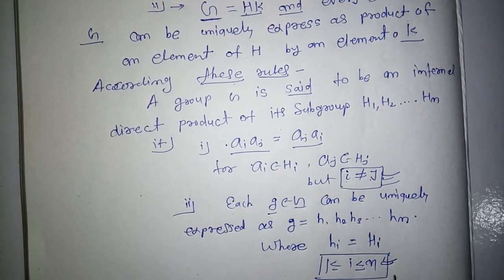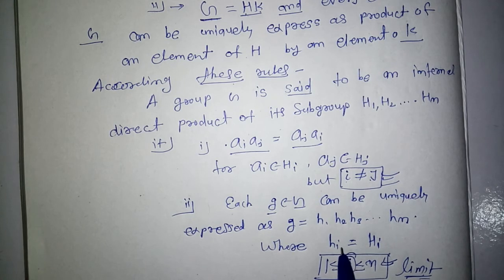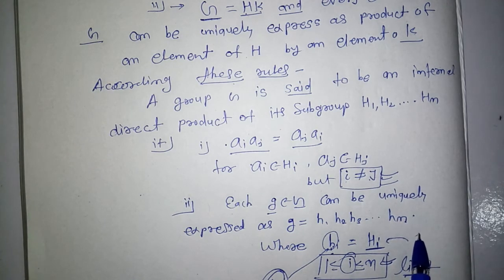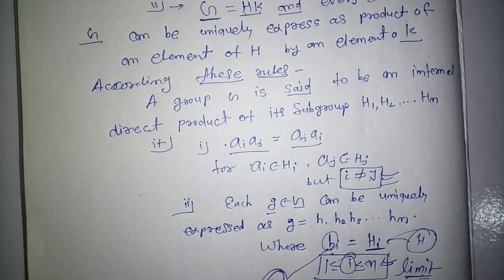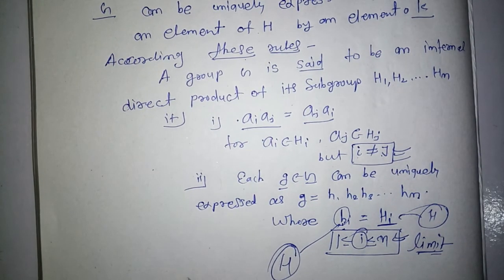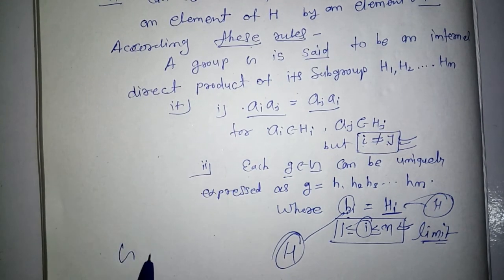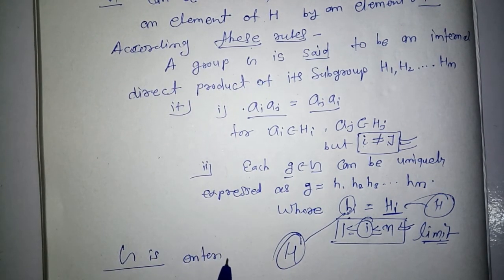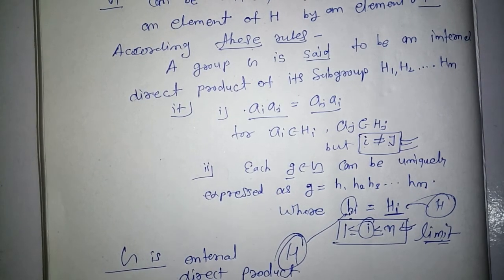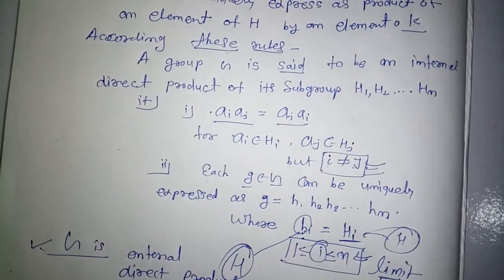This is the limit of i. Hi is an element of the subgroup Hi. Okay, then we can say that G is an internal direct product. Okay, students, these two conditions are followed.